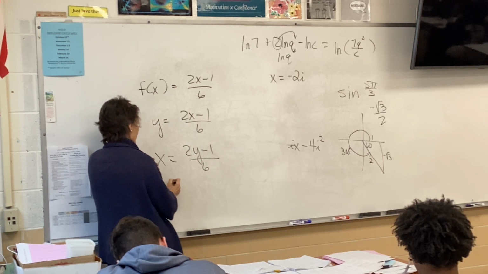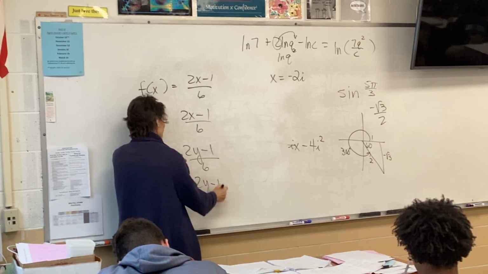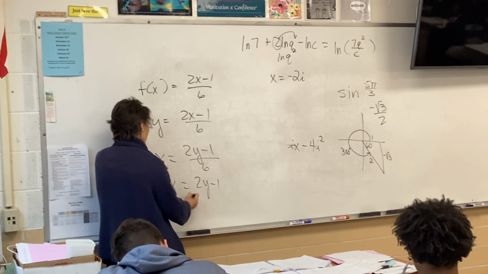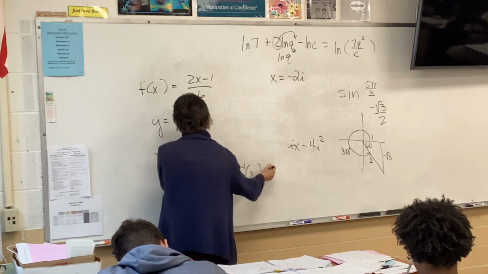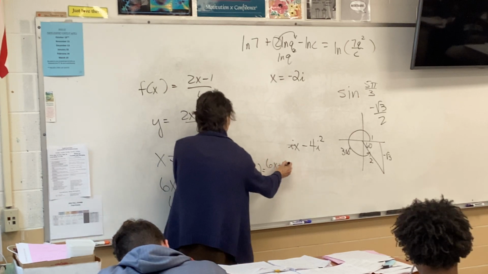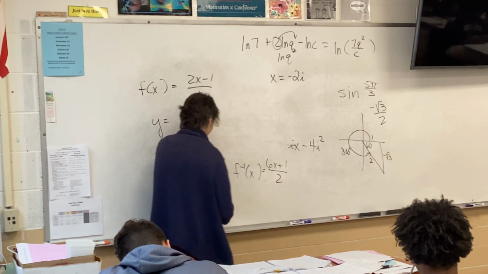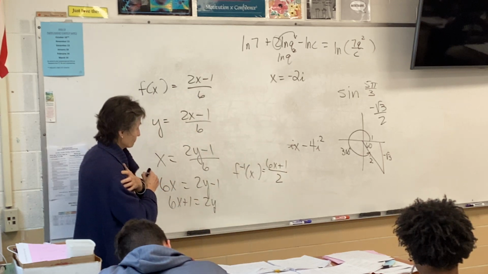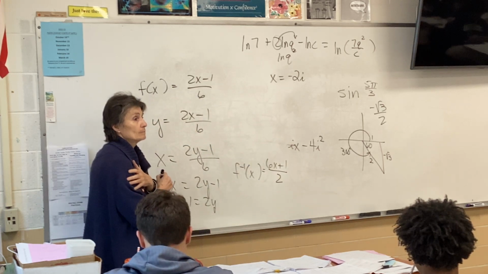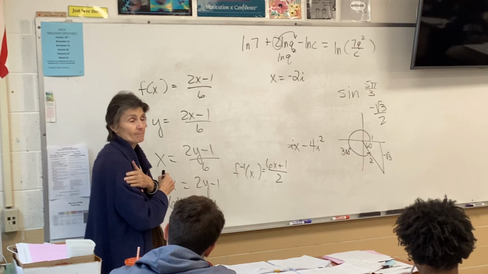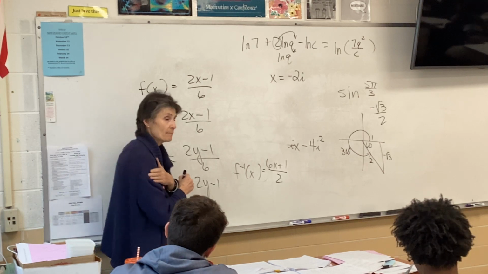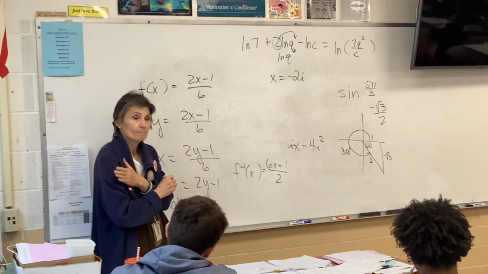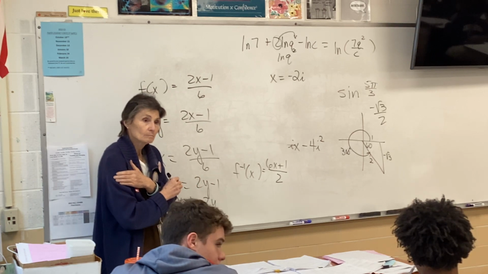So 6x equals 2y minus 1, add 1, and my inverse is 6x plus 1 over 2. Is that okay? Yeah, did you write it as 3x plus 1/2? Yep, same thing, same thing. Yep. Can you do 13?